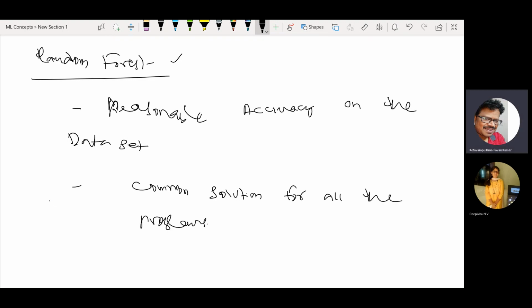Even though you are not that capable of handling the appropriate data or processing the data, still you can use random forest, and it really helps you to get minimal, reasonable accuracy. Okay, so this is the most important and exciting part related to the random forest.